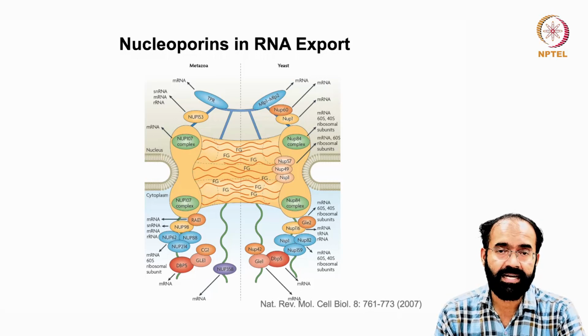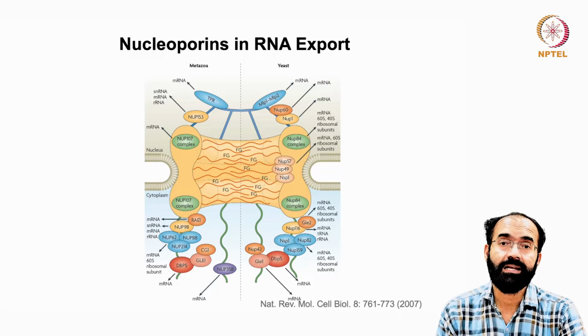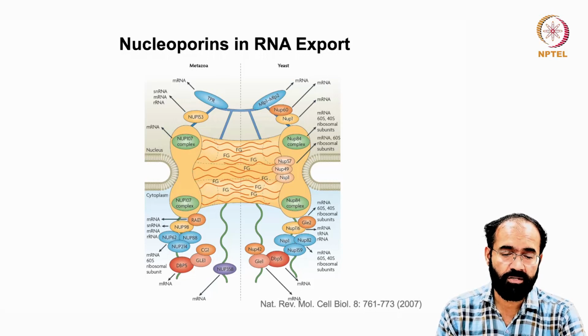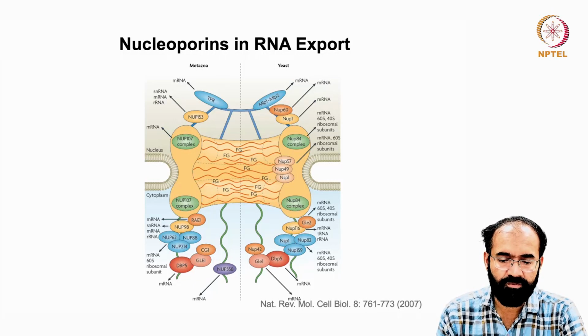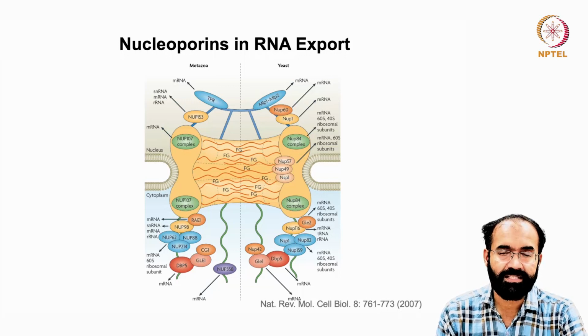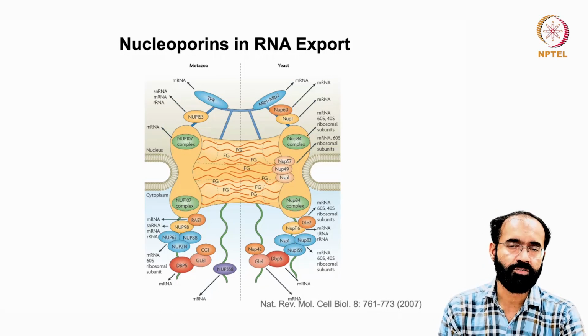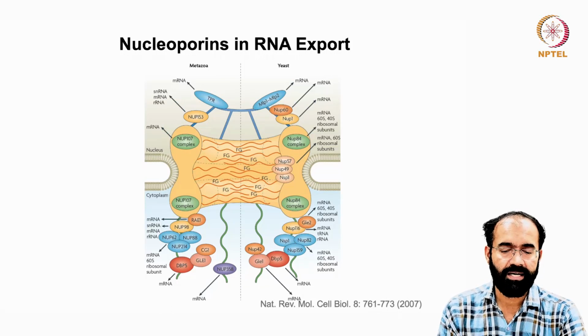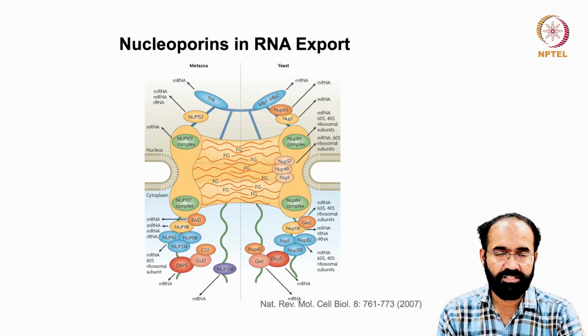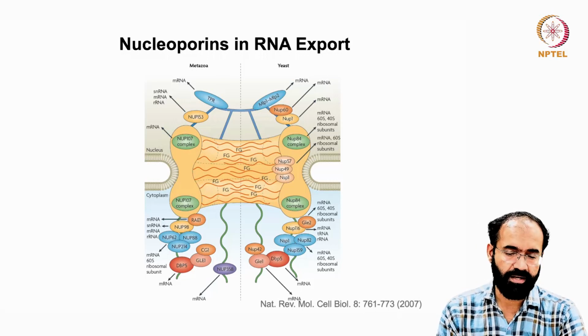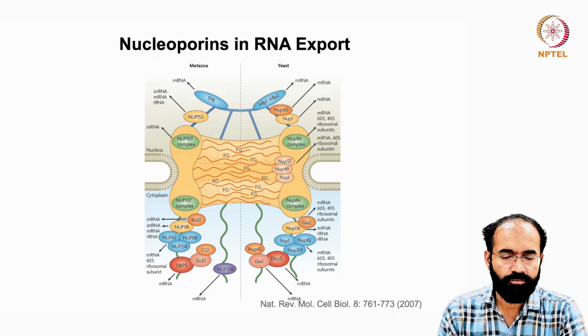On the left-hand side you can see the typical metazoan, that is, multicellular organisms. On the right-hand side you are seeing yeast-specific proteins, that means you have the NUP84 complex whereas NUP107 complex in the metazoan. So this is the main difference. Functionally they are similar, but name-wise or amino acid sequence-wise they are different. Same way for the rest of the proteins.